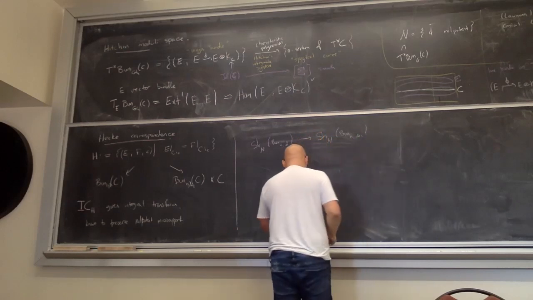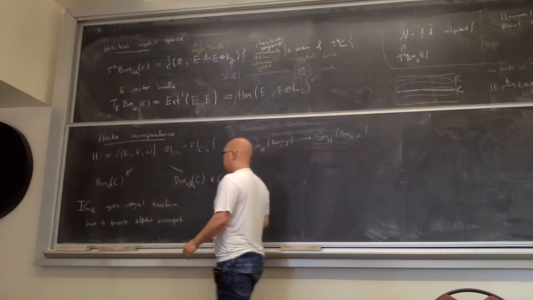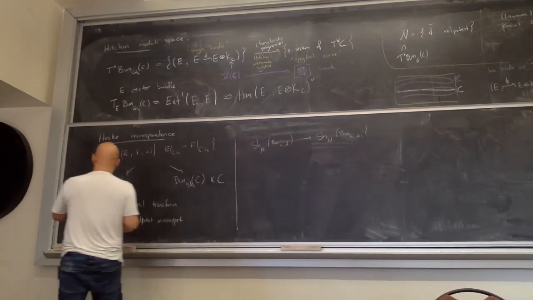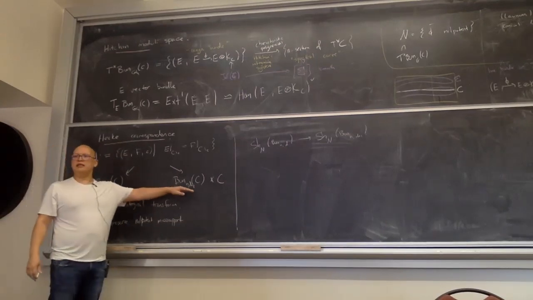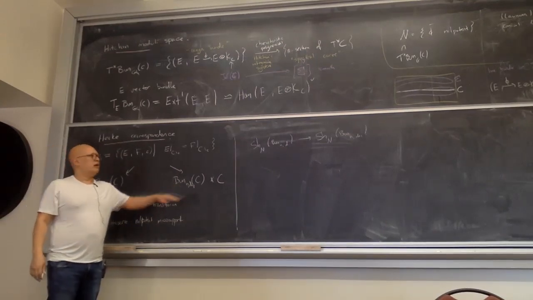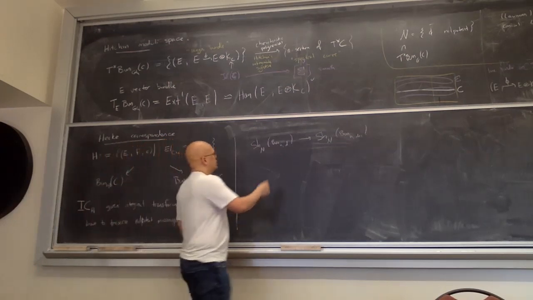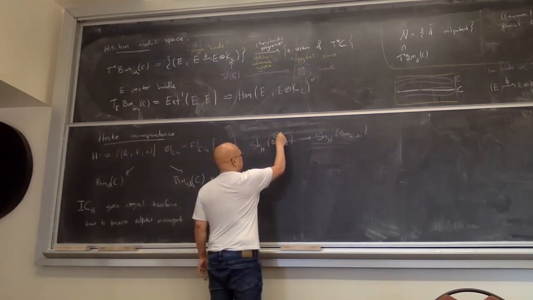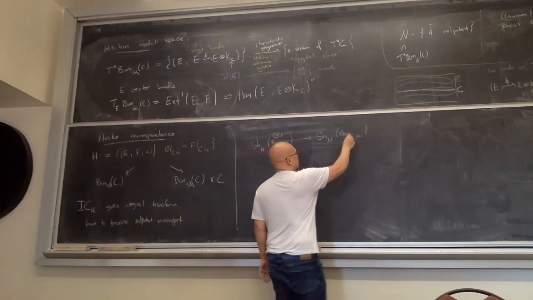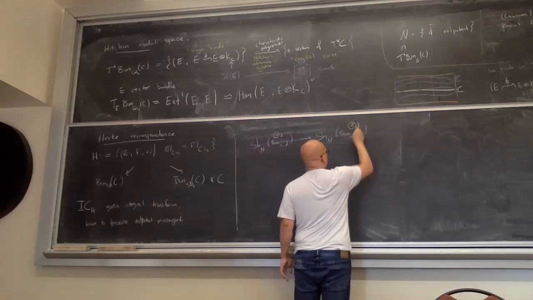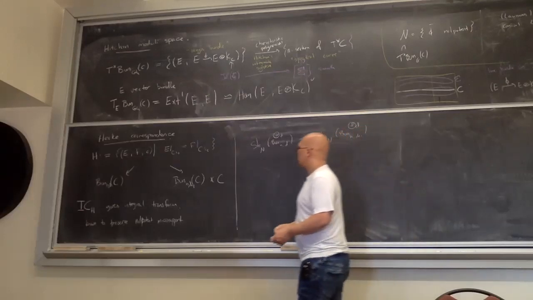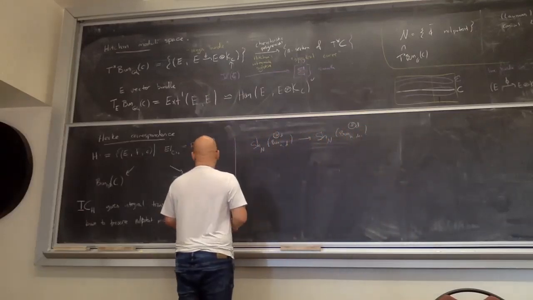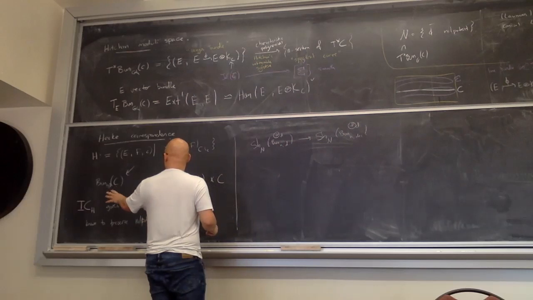Of course, these are different spaces, but that's just a sum over d. Bun_n is the sum over d of these things. And what does it mean to be a Hecke eigensheaf, at least for this Hecke correspondence?